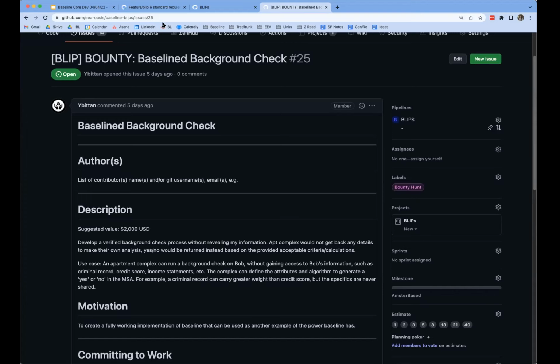So they don't have to see the score, but they need to have some proof that your score is above some threshold or something. That is correct. So you're over 25, or your credit score is over 650, and that you're either a citizen or have a valid immigration status.